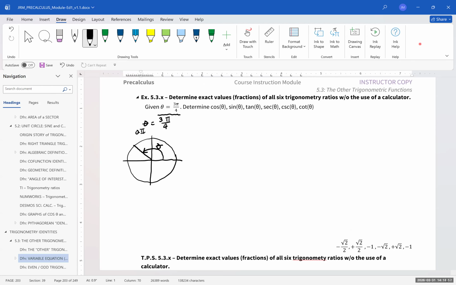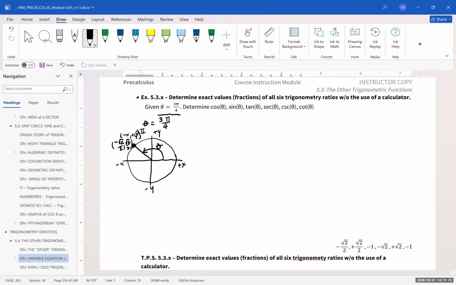So that's theta, and 3 pi over 4 will be this coordinate. We've got positive x, positive y, and negative y. So this coordinate will have a negative x and a positive y, which has the coordinates of negative square root of 2 over 2, square root of 2 over 2.